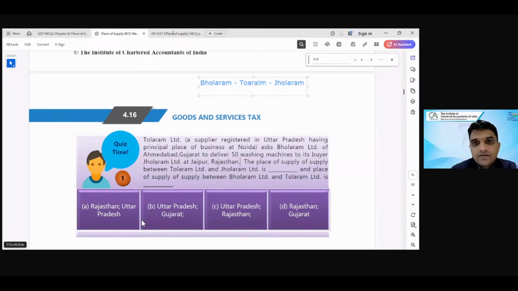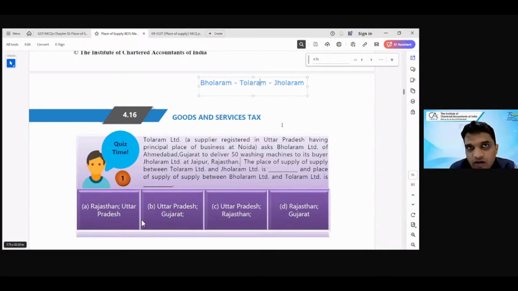Yes, Bhavna. Sir, in this scenario, Tolaram delivered goods to Jholaram on the instruction of Bholaram, on the order of Bholaram. Tolaram asked Bholaram to deliver 50 washing machines to its buyer Jholaram. So here the instruction is being given by Tolaram. The question is very twisted.